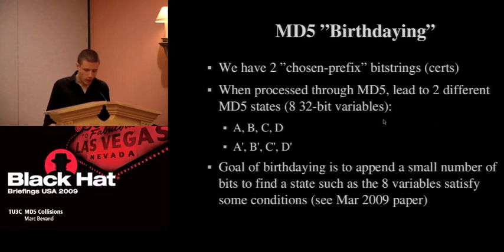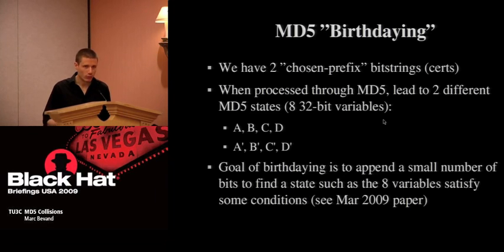So what MD5 birthday is, very roughly speaking, you start by creating arbitrary data for 2 certificates, called bit strings, and when you process these prefixes through MD5, you end up with 2 different states.